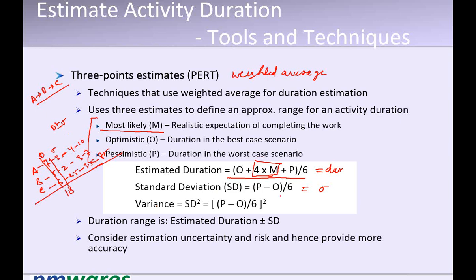The square of 3 is 9, the square of 2 is 4, and the square of 2.5 is somewhat 6 point something, let's say 6.5. And the total of this is 19.5.